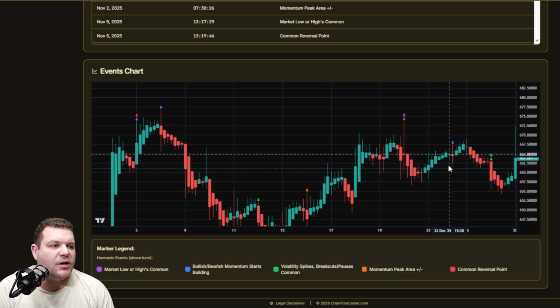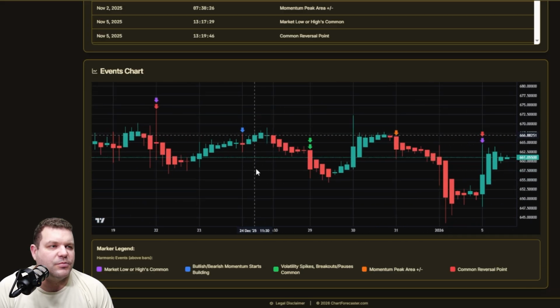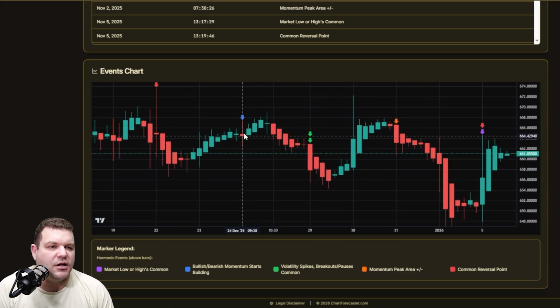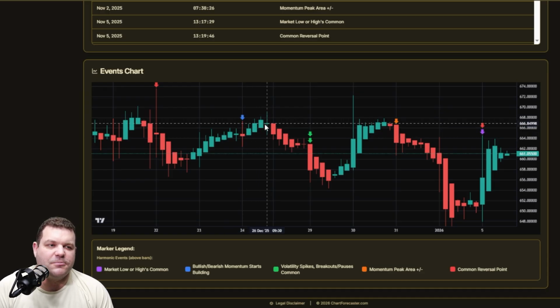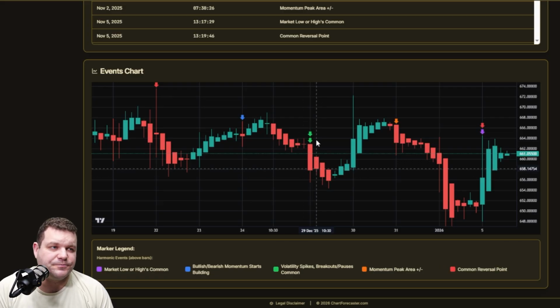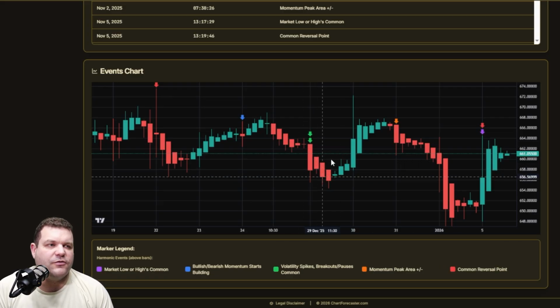And here again, we have another bullish bearish momentum starts building. This is open to interpretation, right? Because over the next couple of days, we saw that price declined. We had a double confirmation on volatility spiking right here, which Chart Forecaster nailed perfectly.